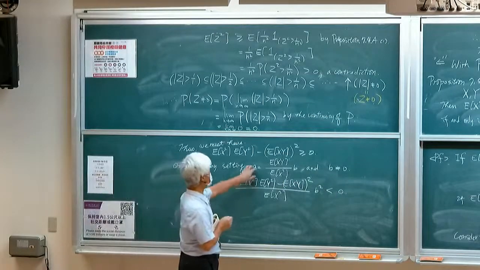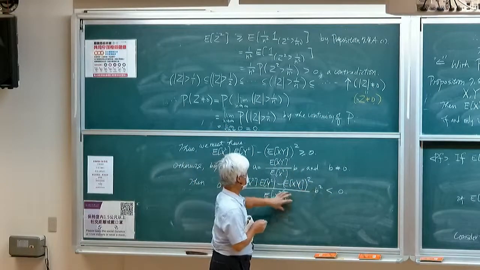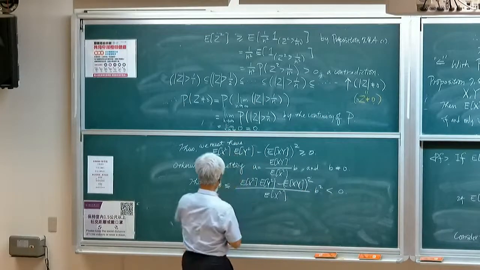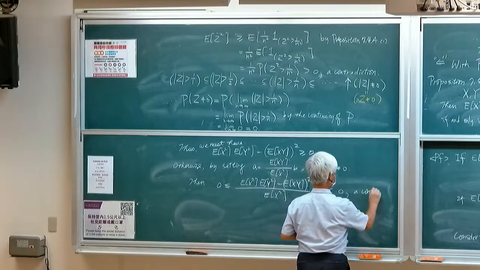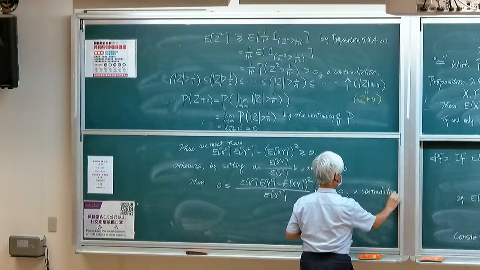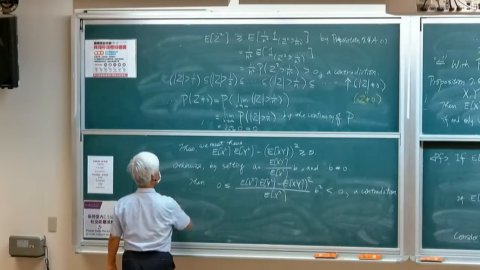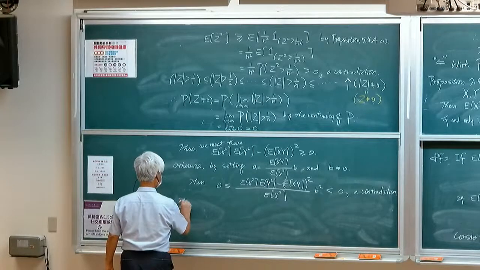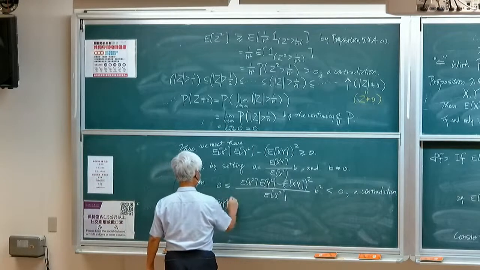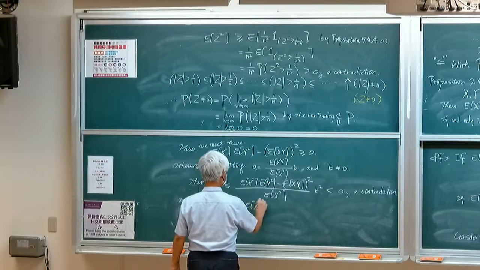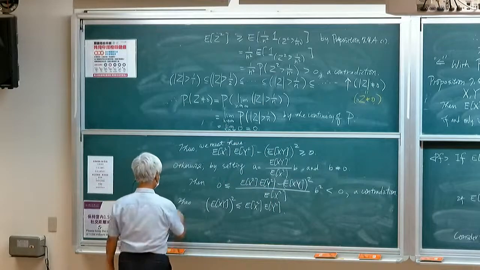So when you choose a equal to this and b not equal to 0, this term becomes negative. So you have 0 less than 0, and a contradiction. So the expectation of xy squared would be less than or equal to, so we have the Schwarz inequality, and the equality holds.